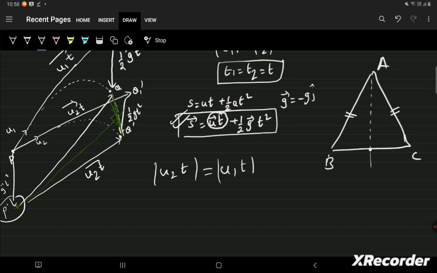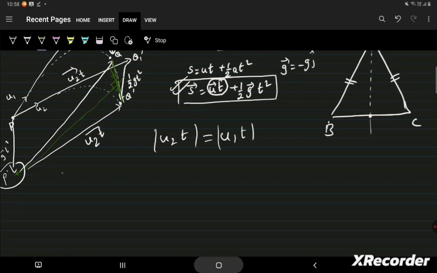This way we can find point P dash, and we can derive that P P dash is equal to the magnitude of half g vector t square, which is simply half times 10 times t square.